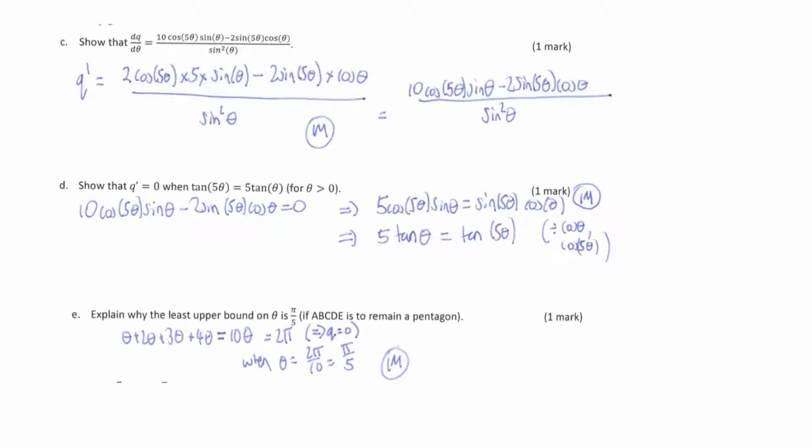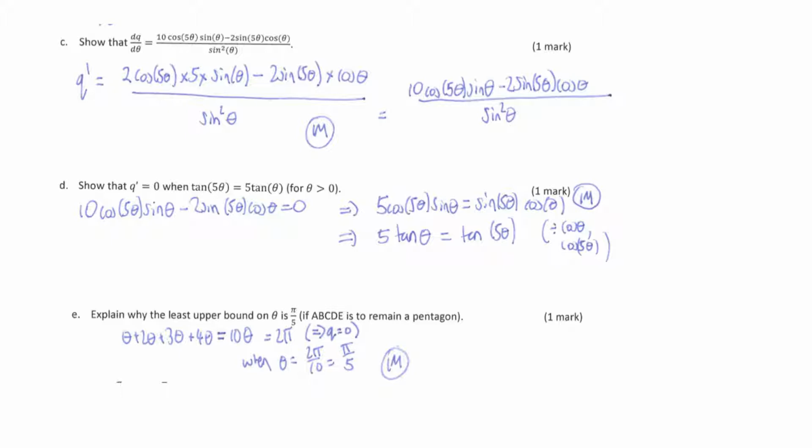Okay, explain why the least upper bound on theta is pi on 5. If ABCDE is to remain a pentagon, that means points E and A must be distinct from each other, must be separate.